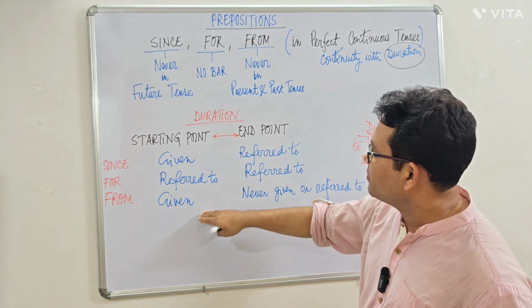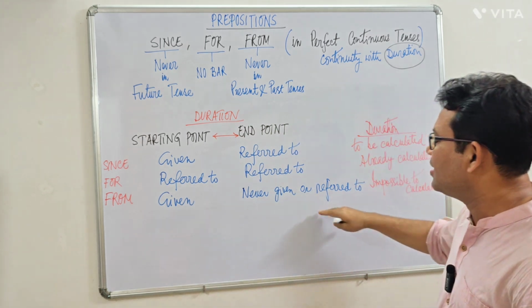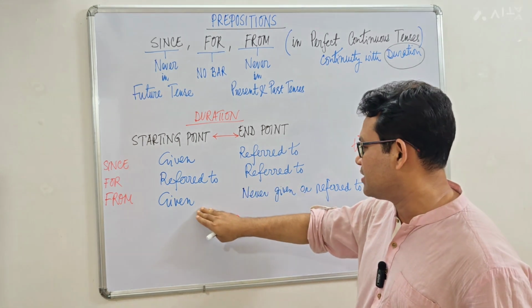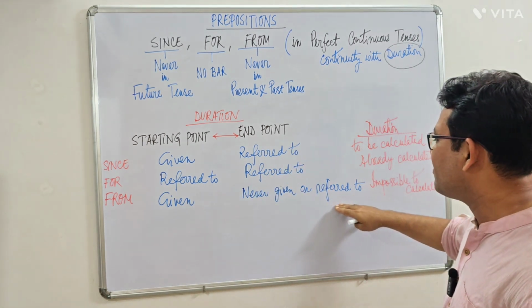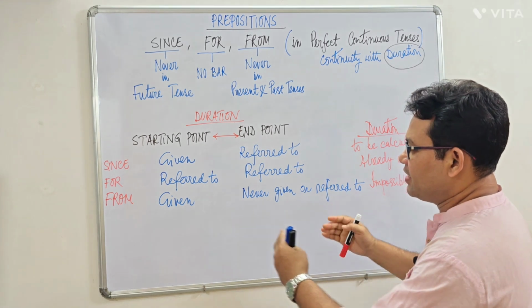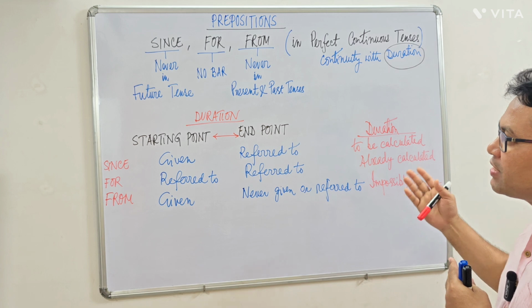But "from" can never be used in present and past tenses, simply because the condition it demands is that the starting point is given but the end point is never to be understood or given. That means here it is one end open. So that can happen only in future tenses.